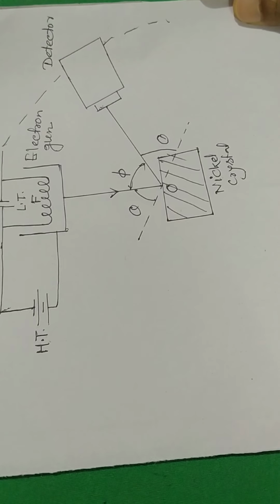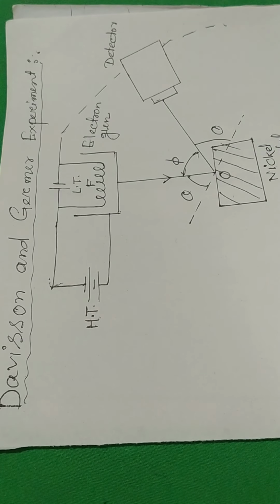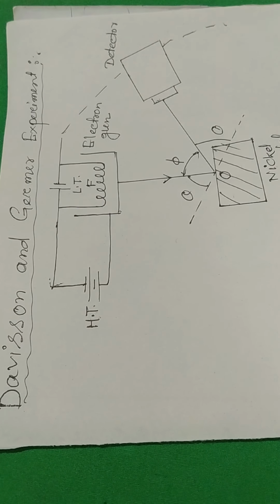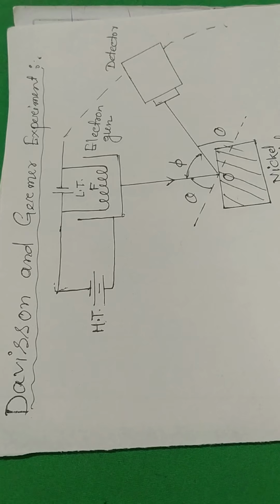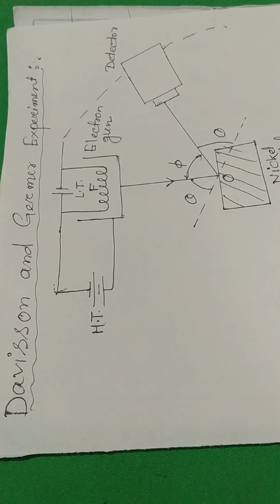Now, how does it work? A beam of comparatively slow electrons emitted by the electron gun is made to fall on the nickel crystal. The scattered beam of electrons is received by the detector, which can be positioned at any angle by rotating it about the point of incidence.